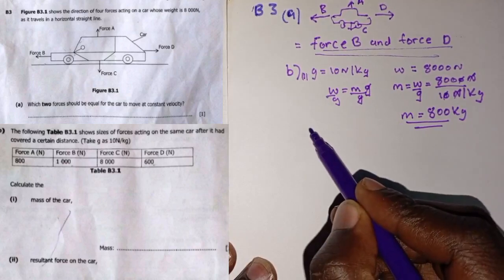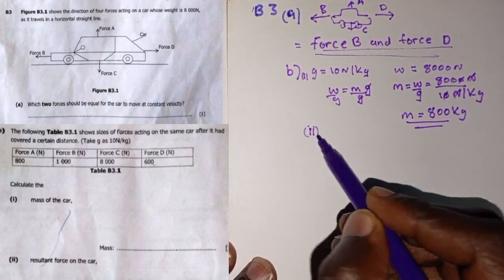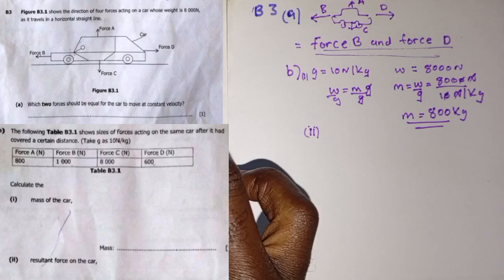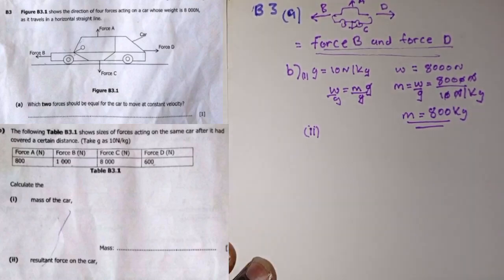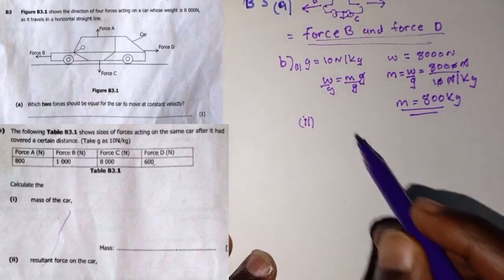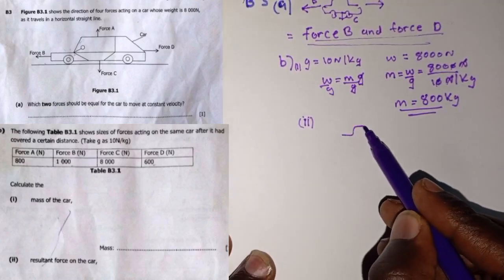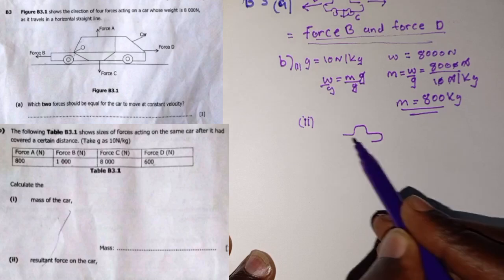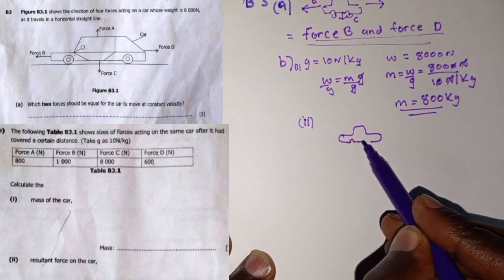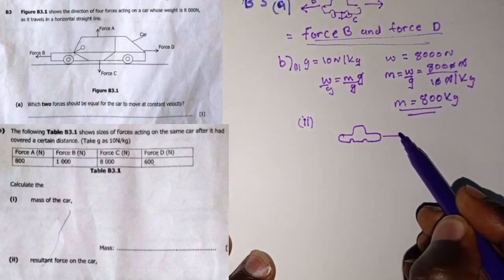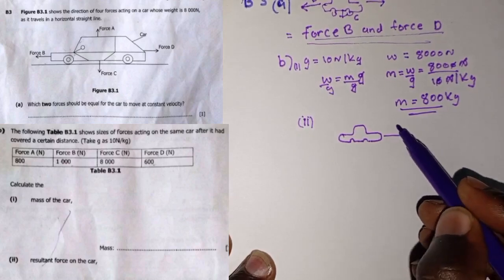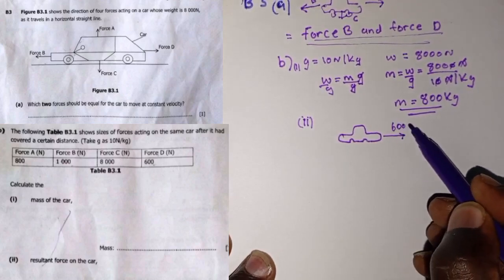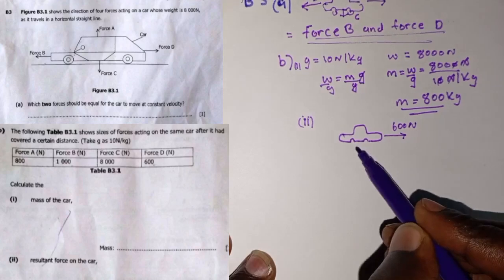Now we have question B2. It says the resultant force on the car. What will be the resultant force on the car? Let's look at this car. I'm just making a rough sketch. You have this force here, which is force D. It is 600 Newton, as given in the table.